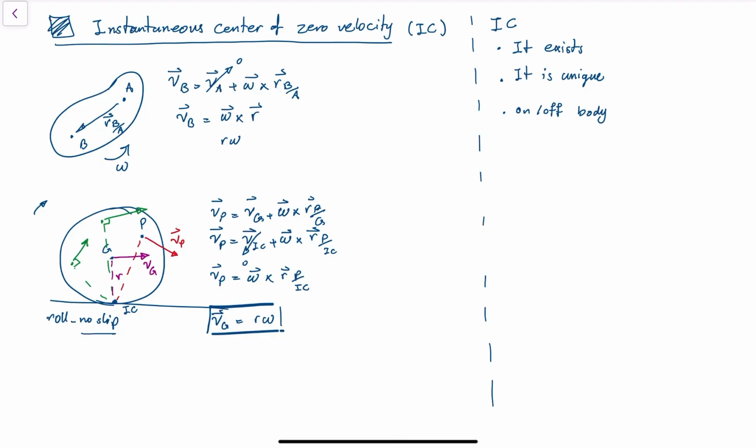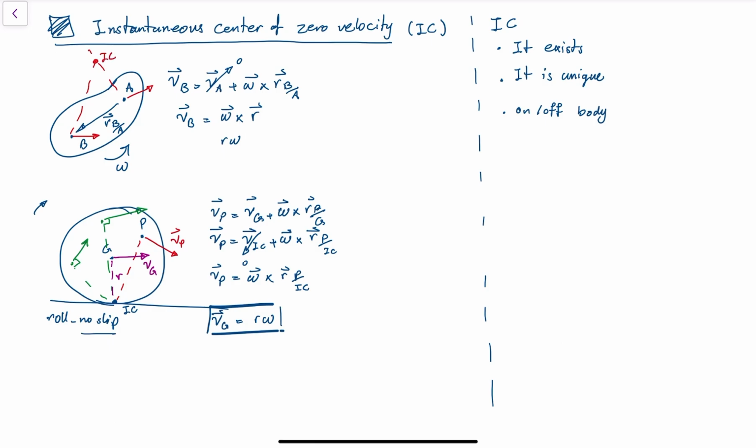Oh, a good example. Let me show it here. So for instance, if velocity of A is like this, velocity of B is like that, you can find a point IC.